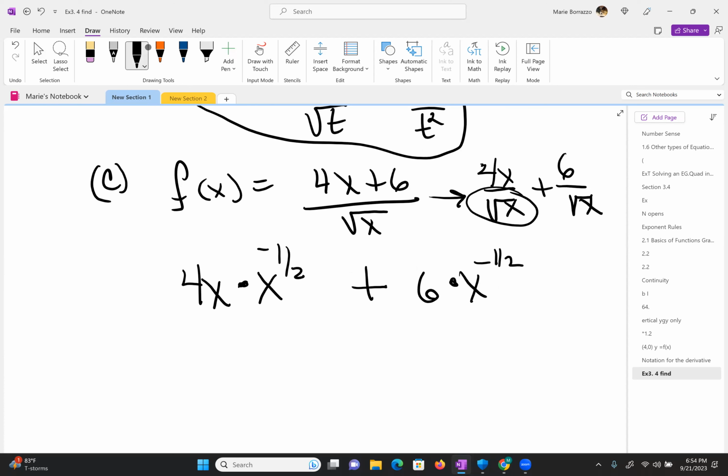Now I begin to differentiate. If I multiply this, I'm going to get 2x to the negative 1/2, and this is plus, or really -3, and this becomes x to the -3/2.